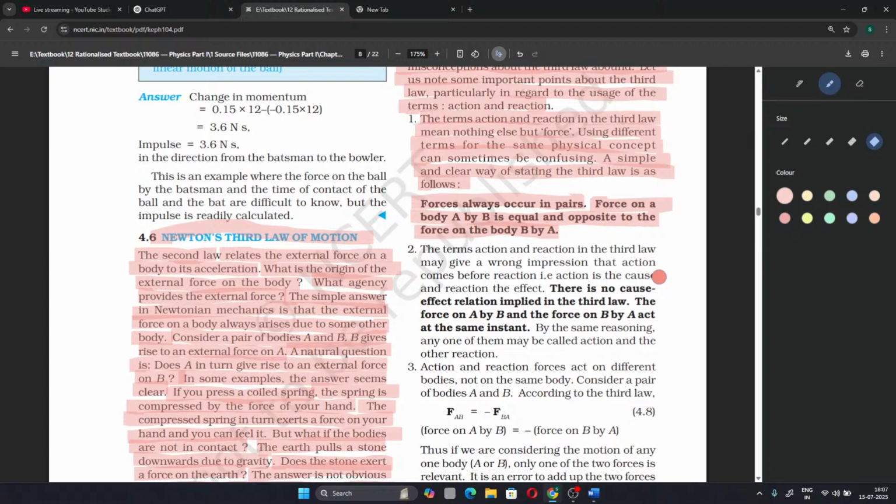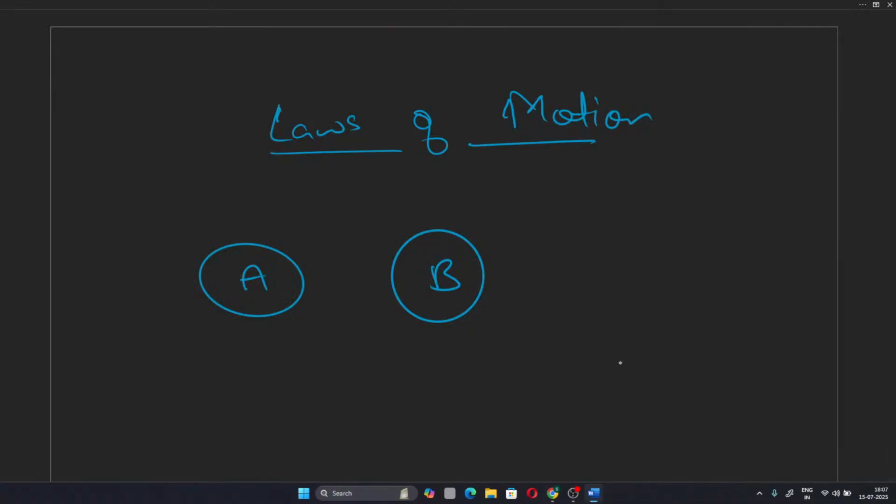If we observe this, if we try to understand this more clearly, I'll write the statement here.